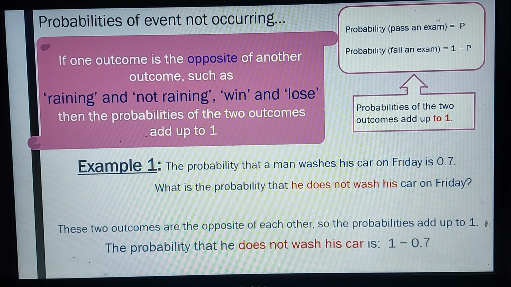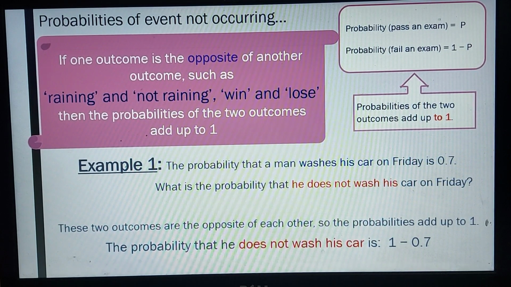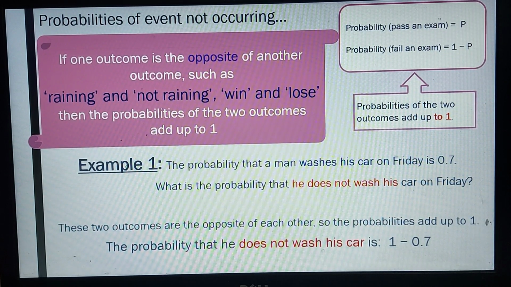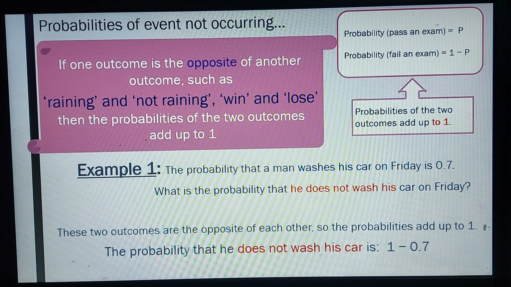So to find the probability that he does not wash his car on Friday, all you need to do is subtract 0.7 from 1, because if one outcome is the opposite of another outcome, then the probabilities of these two outcomes add up to 1. So you simply do 1 minus 0.7, and that will give you 0.3.